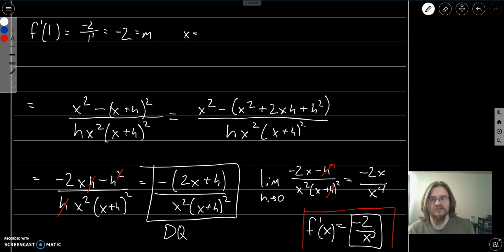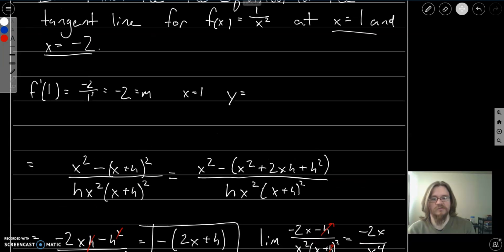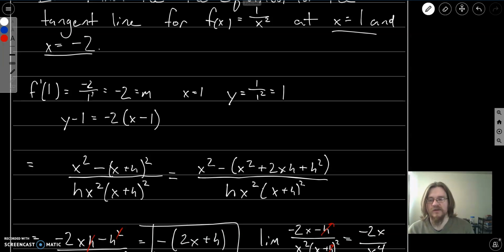Our original function was 1 over x squared, so it's going to be 1 over 1 squared, which is 1. I can use point slope form now to say that y minus 1 is equal to -2 times x minus 1. Again, this is y minus the y value is equal to our slope times x minus 1.